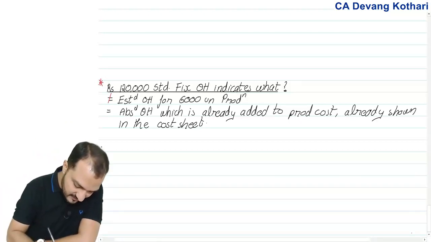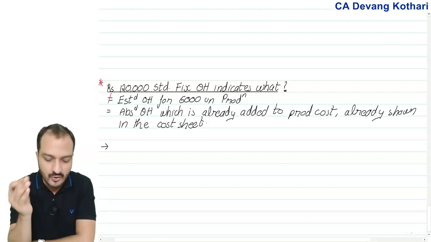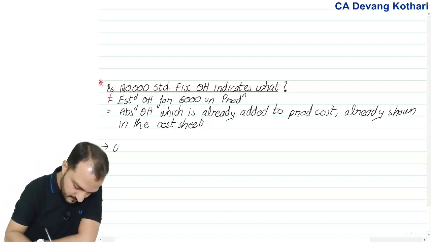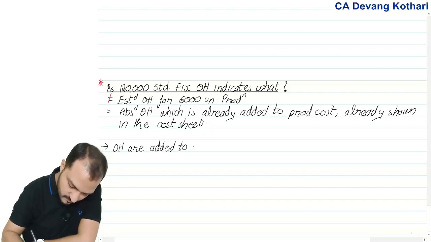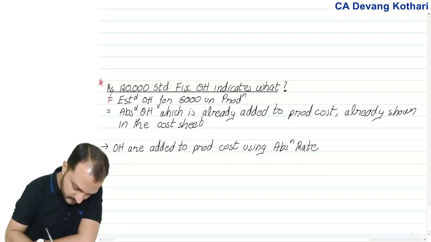Remember, overheads added to the cost sheet are based on the absorption rate. Now, in this question, what will be the absorption rate? Overheads are added to product cost using absorption rate.